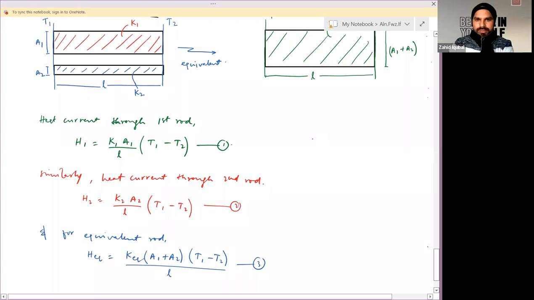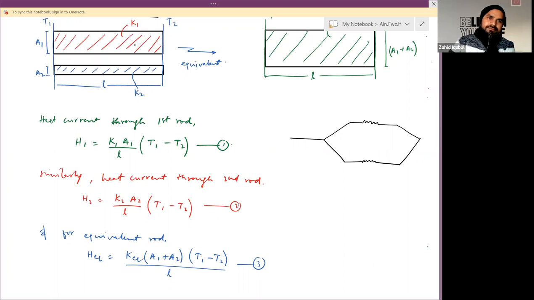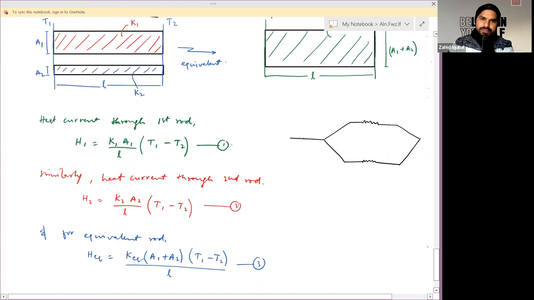Now, according to combination, suppose you have a wire which may divide into two parts, so that there is a resistance at this point and there is another resistance at this point. So we may join like this. If current through this particular wire is I, at this junction it may divide into two parts.